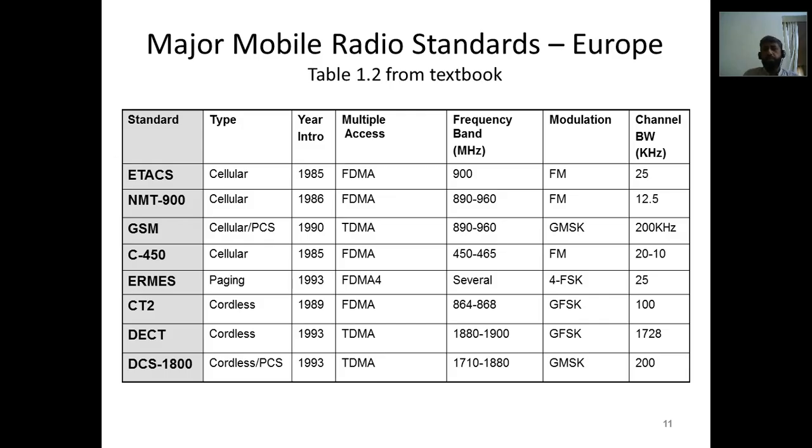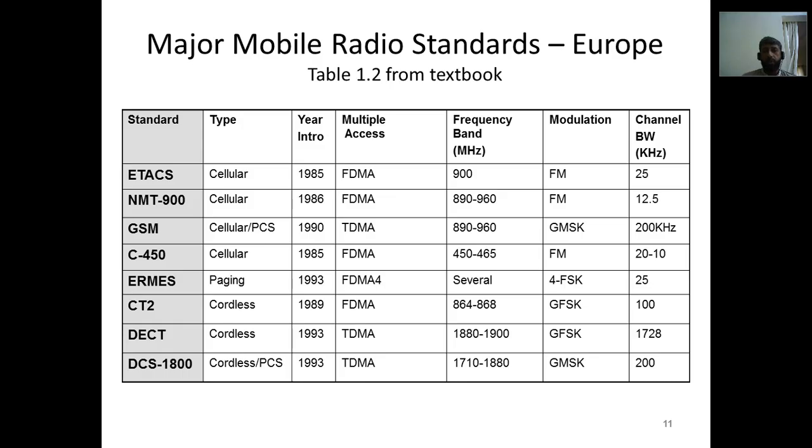This table provides a summary of a variety of different services that were established in Europe. Again, this table is extracted from our textbook, which is Table 1.2, and it summarizes the major mobile radio standards that were developed in the initial days of wireless evolution in European countries.